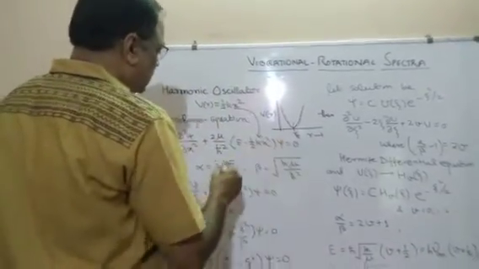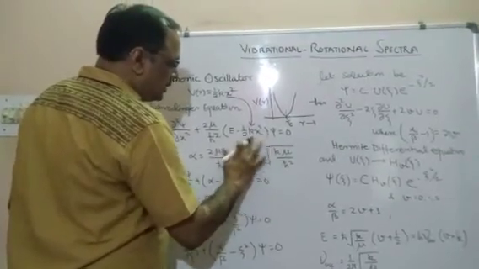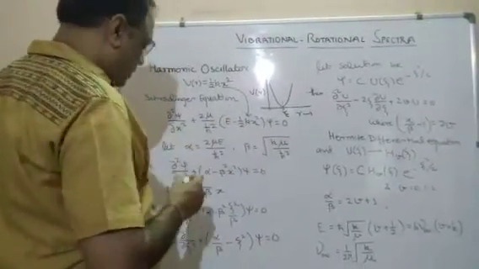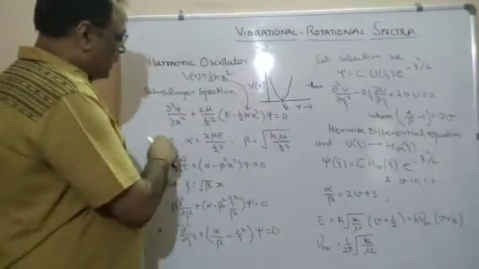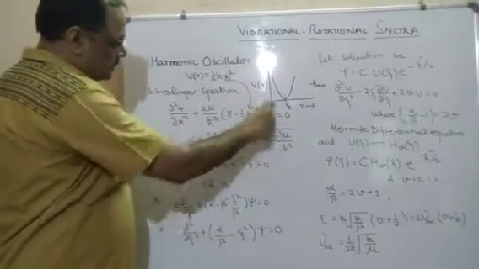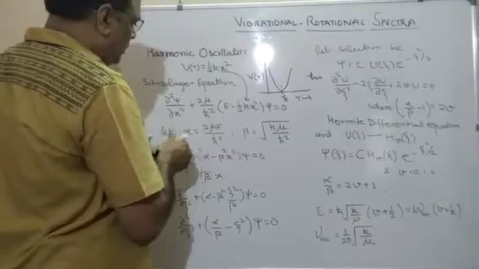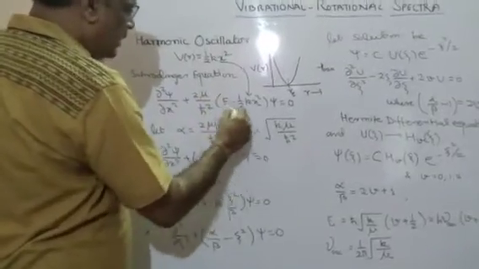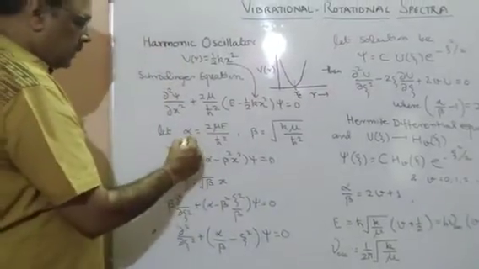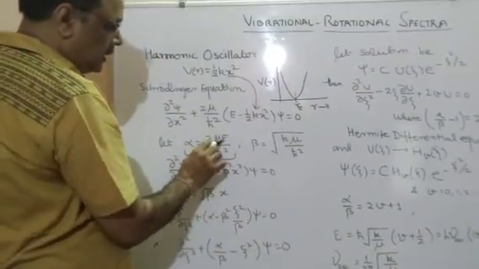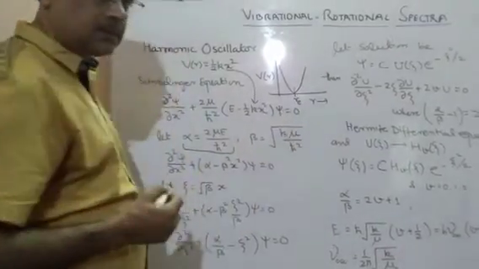In the Schrodinger equation, which is normally E minus V, as you know very well, we can replace V by half k x square. So this is the Schrodinger equation, where mu is the reduced mass. We want to solve this equation, so we will substitute alpha, which has the energy component, and beta square x square, where beta has the force constant and reduced mass.